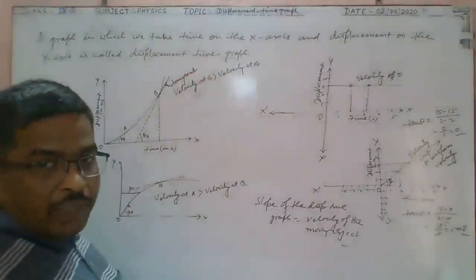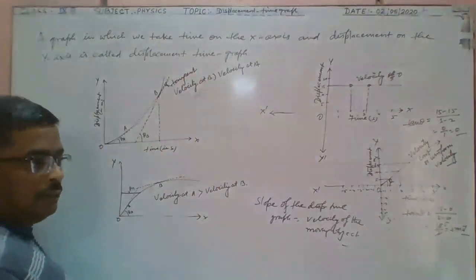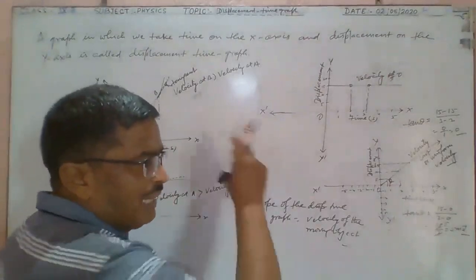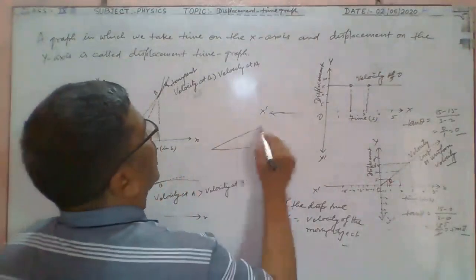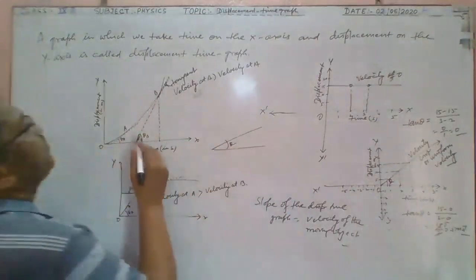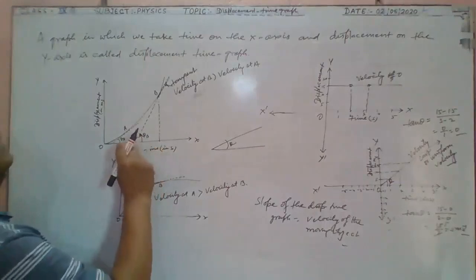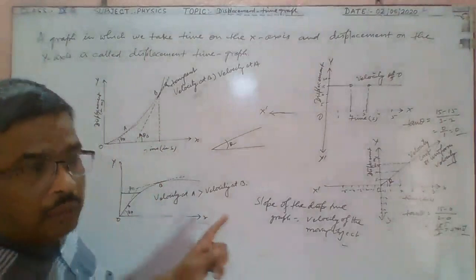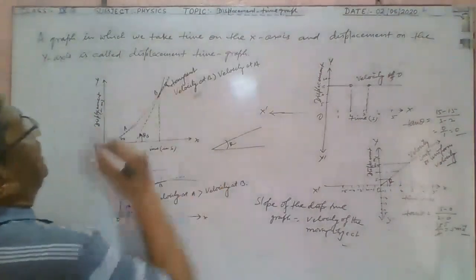Because always you calculate the slope of the graph by taking the anticlockwise direction, a positive angle from the x-axis. Here, that is the positive angle from the x-axis. So that value gives the value of velocity at that point.